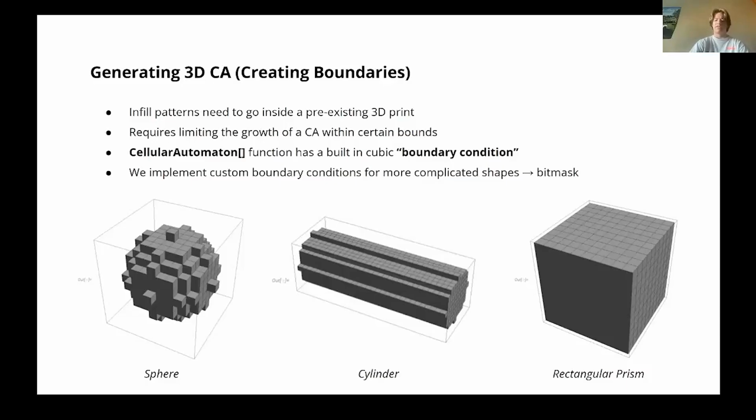So we evolve the cellular automata until it grows to fill that prism. And then we apply a bit mask where all the zeros chop off. Anything in the bit mask that is a 0 will be sliced off. Anything that's a 1 will be kept.